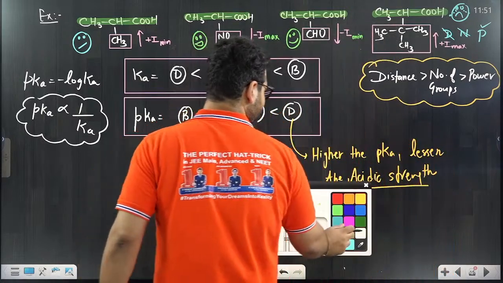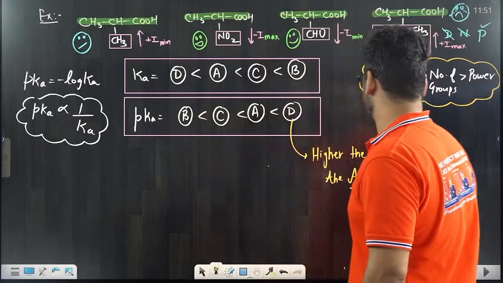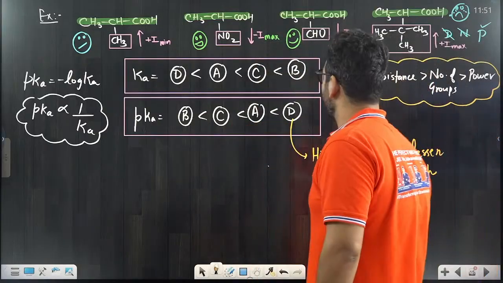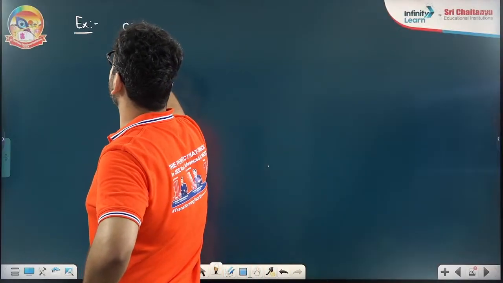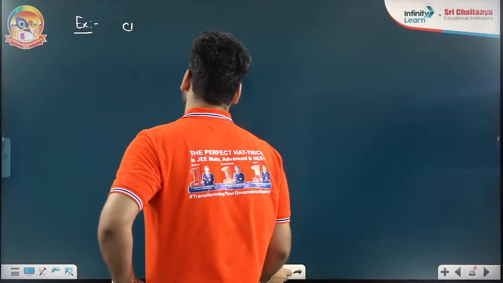Now let us do one more example. A few more examples I'll just show you. Next one is, you can see here. Let's take, I'll just write the bond line structure now.